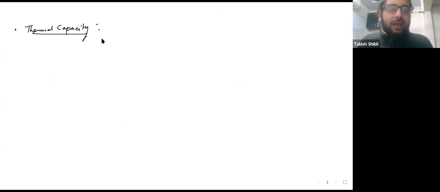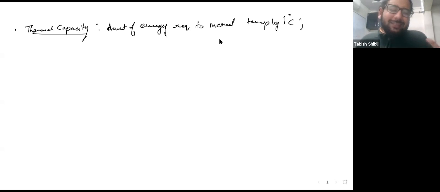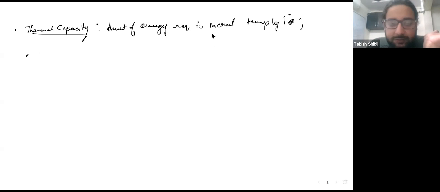So essentially the amount of energy required to increase temperature by 1 degree Celsius. 1 degree Celsius, 1 Kelvin, anything, 1 degree by 1 degree. Okay, so notice that this does not talk about mass, or this does not talk about the number of moles.